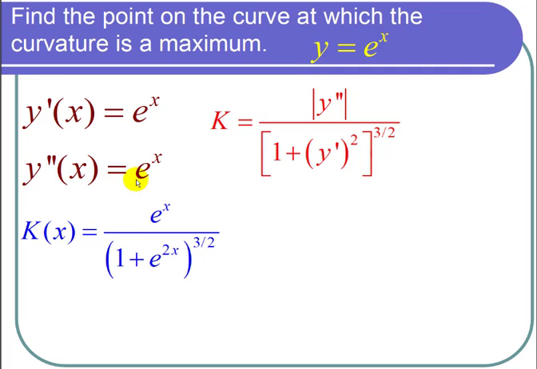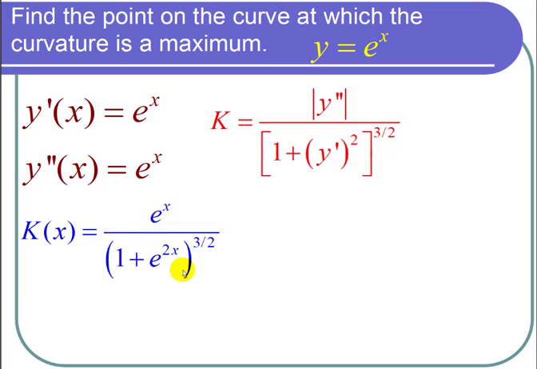So I plug in, and I get that the curvature is equal to e to the x divided by 1 plus e to the x squared is e to the 2x, all to the 3/2 power. Now I want to find out when the curvature is a maximum. And to find a maximum, I take a derivative and set it equal to 0.